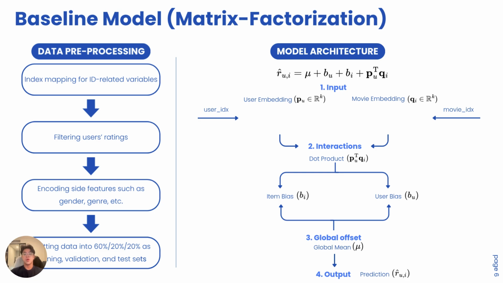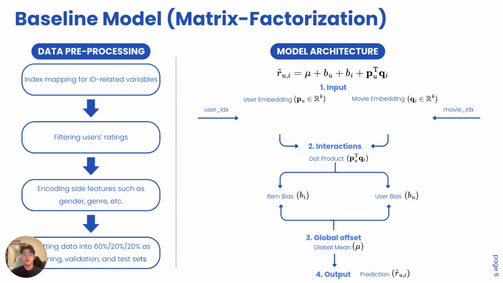This conversion also compacted the index space for more efficient lookup and sparse matrix factorization. Then we encoded side features such as genres and gender using one-hot and multi-hot encoding. Lastly, we split the data into 60%, 20%, and 20% for training, validation, and test sets.